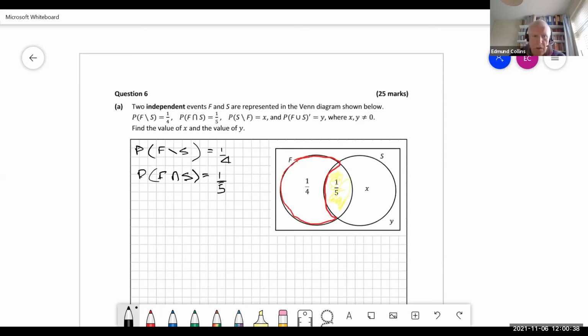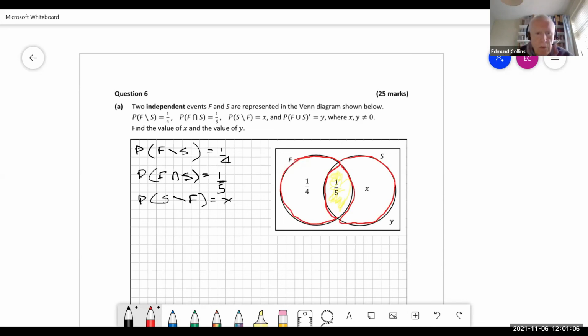And then the probability of S not F equals X. That's what we're trying to find out. So it's this here. Hopefully everyone is happy with that.